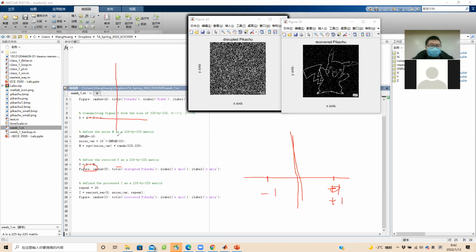If a Gaussian distribution follows mean 0 and variance of 1, its distribution is like this. However, after I do the modulation, there are two distributions combined like this.